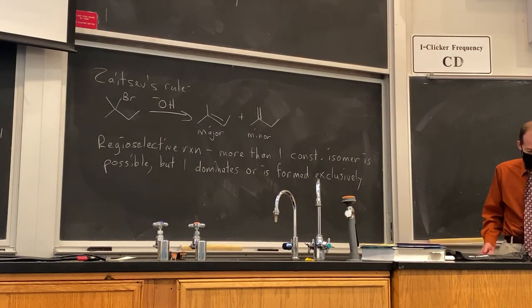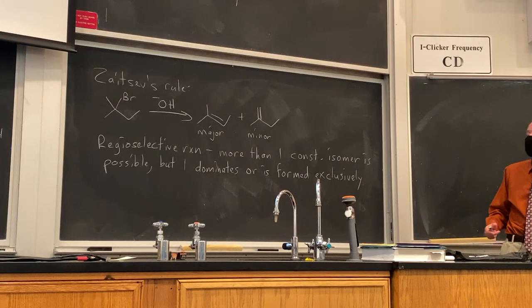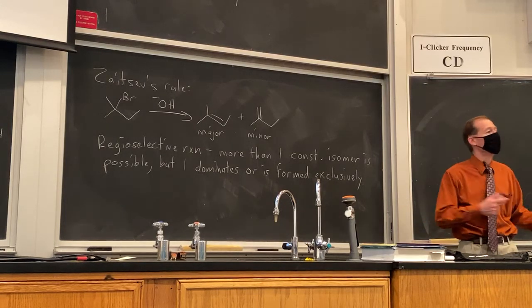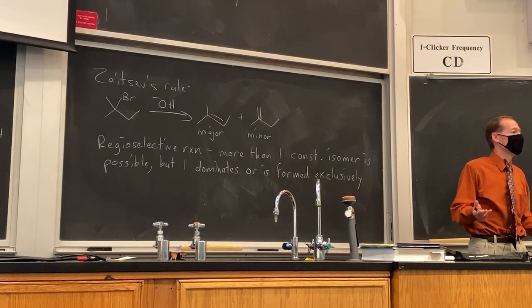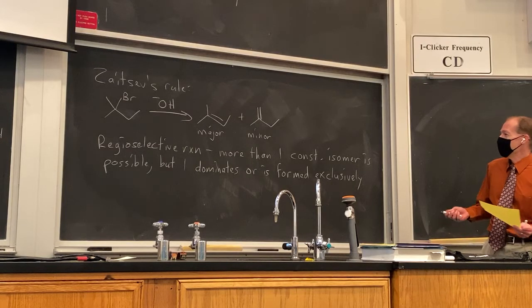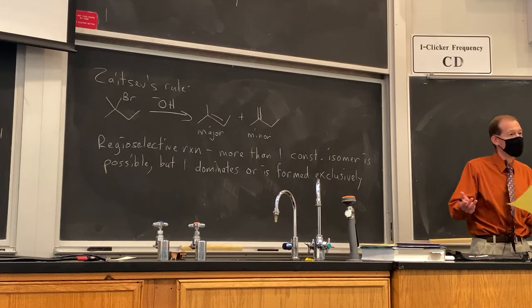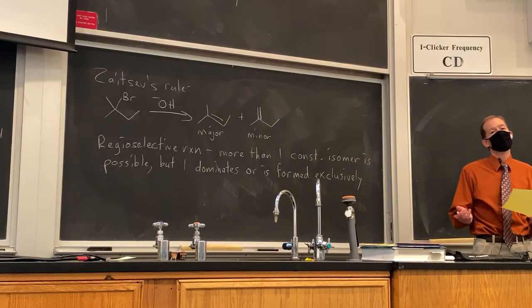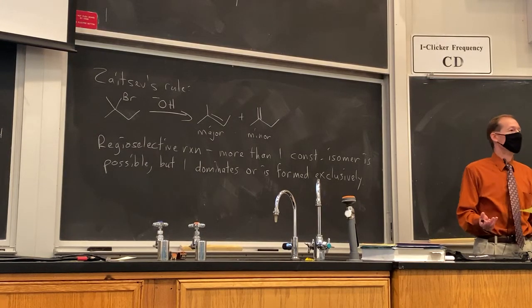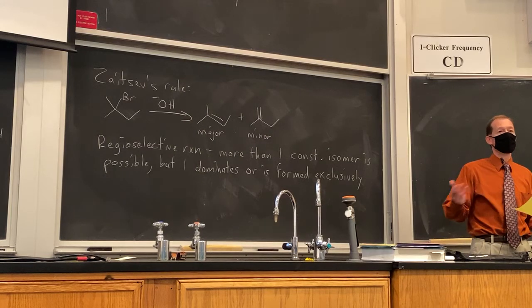And it doesn't really matter if it's the major product or the only product, we'll treat that the same, right? In most cases with dehydrohalogenations, you would see at least a small amount of your minor product, but we're not going to worry about what those ratios are or whether it's all of one and none of the other.